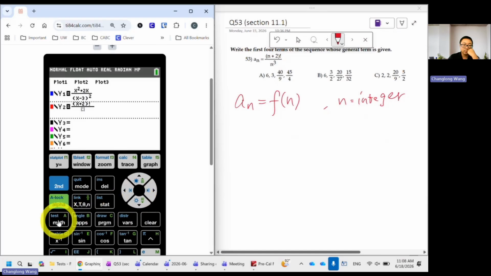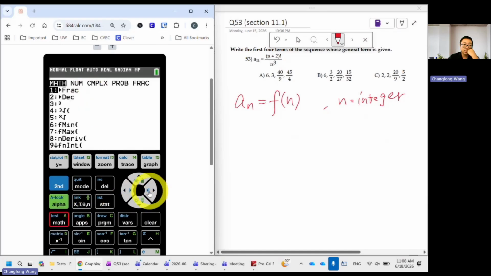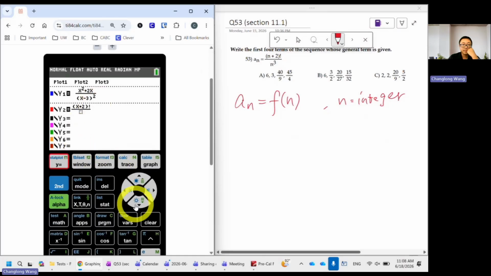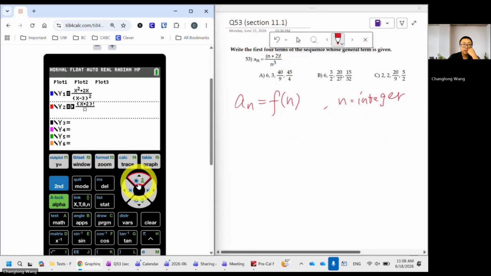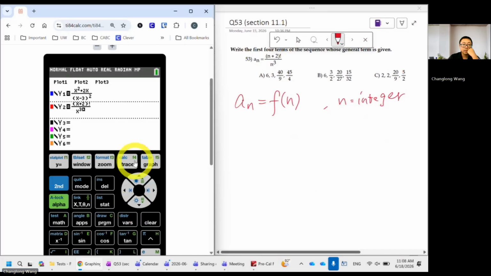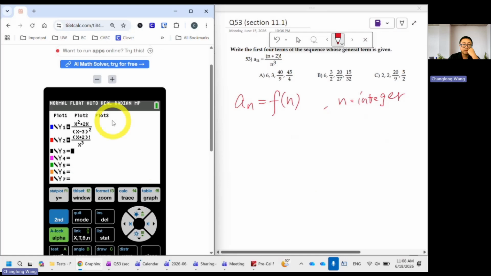Otherwise, you have to go math, I think probability, then number 4. Either way, it's still there. All right. So what I need is n to the third, so let's do x to the third, right? Hit enter. So now I'm ready to evaluate it.